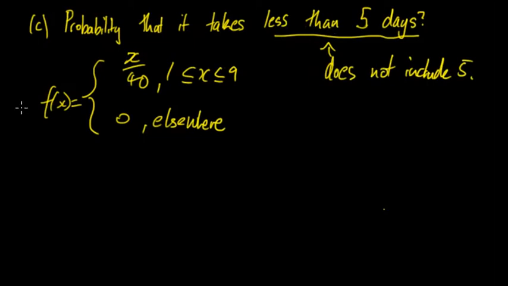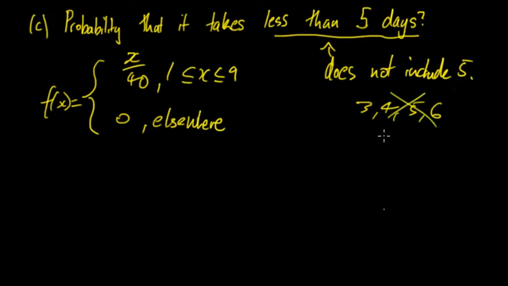But because this is continuous, with discrete you would have to find the probability of x less than or equal to 4, for example. You could do that for discrete, but you can't do that for continuous because you don't just go from 4 to 5. It's not just 3, 4, 5, 6, those are discrete.